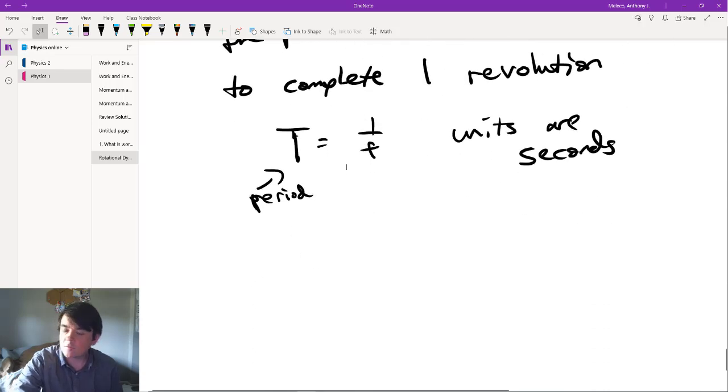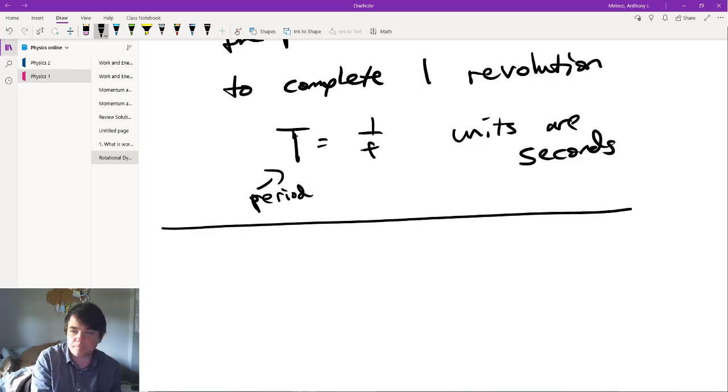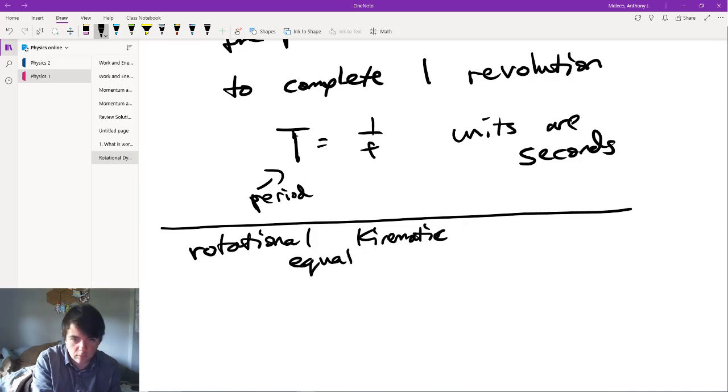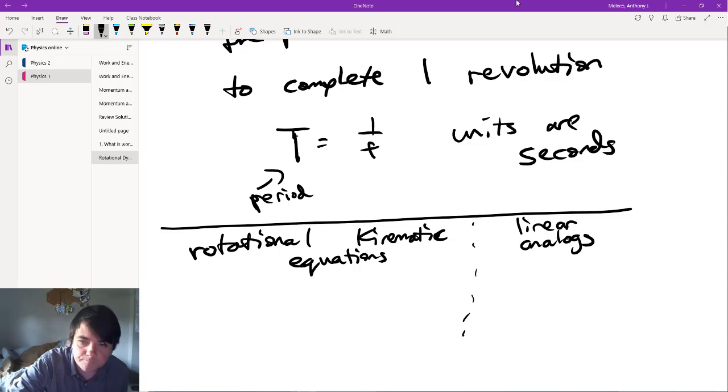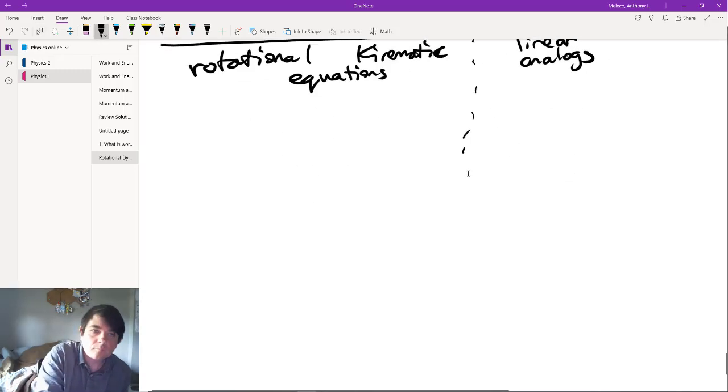Okay, so with all of that, here are the rotational kinematic equations and their linear analogs. These look very familiar, or should look familiar to you.